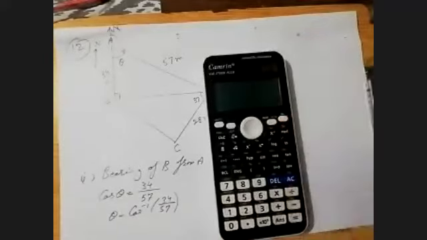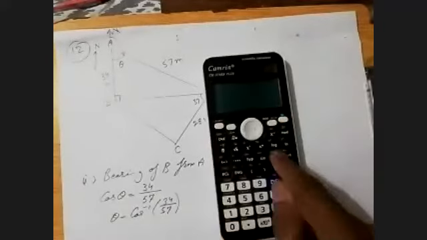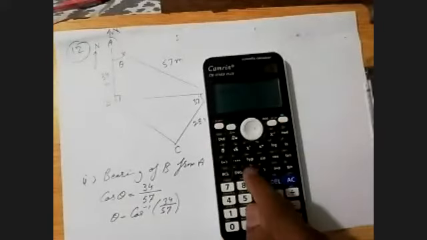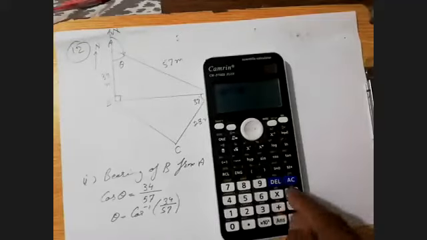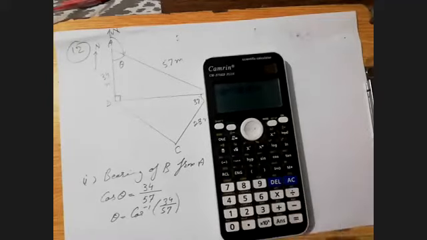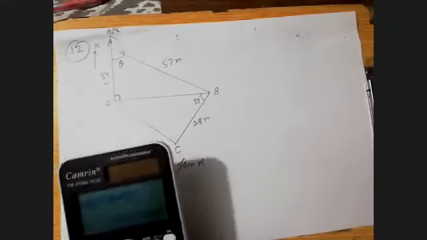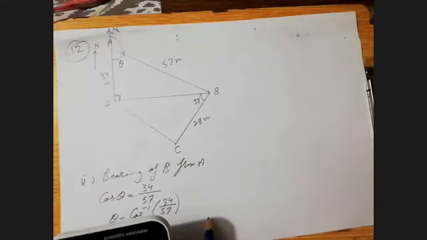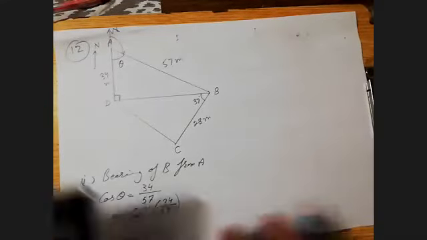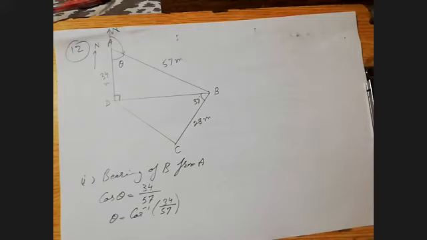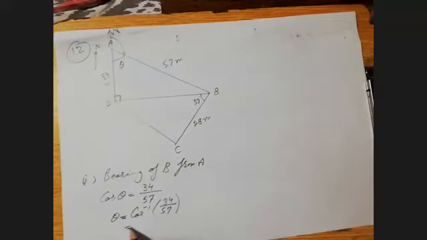Now you can find inverse cos of 34 divided by 57. My calculator mode is on radian, so that's why it is giving a wrong answer. Let me see what your calculations are.